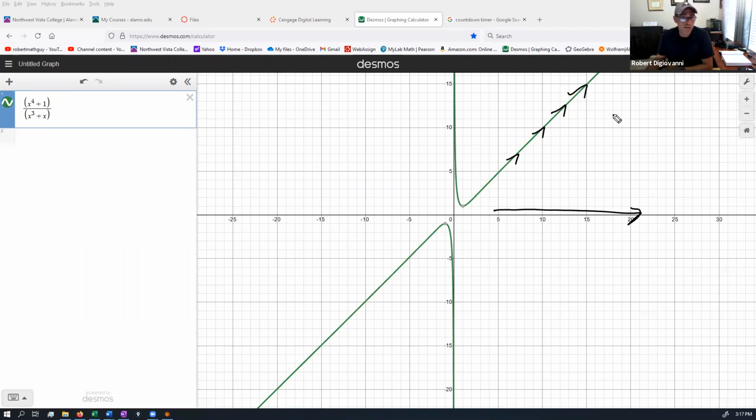We don't have a horizontal asymptote. And that's because the degree of the top is bigger than the bottom. Questions?